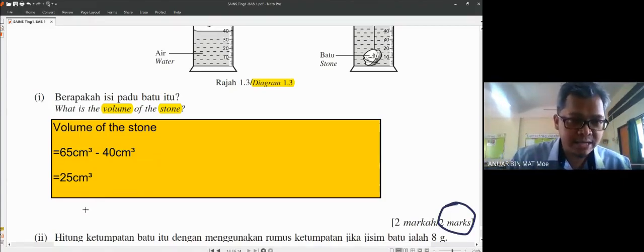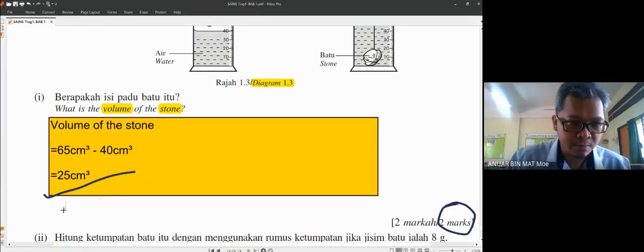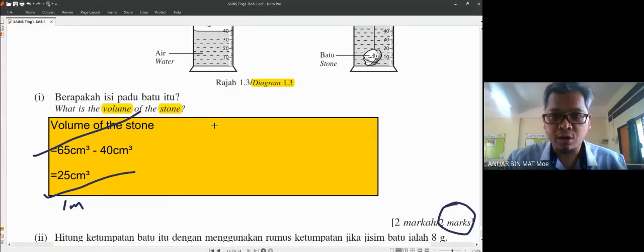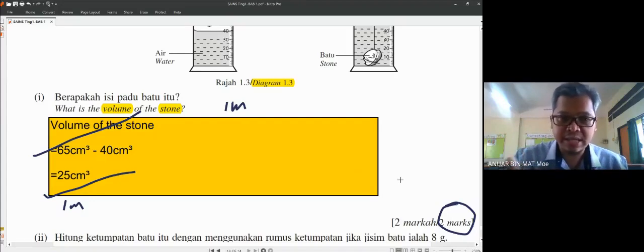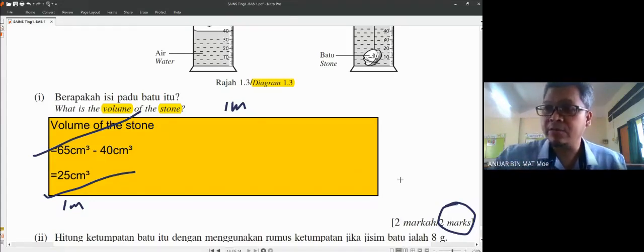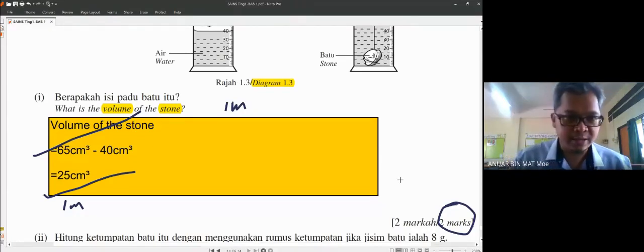Number 1 is the correct answer, 1 mark, and then the step or the calculation, 1 mark. Can you understand me? Calculation 1 mark, the step 1 mark, and then the correct answer carries 1 mark. So altogether 2 marks here.